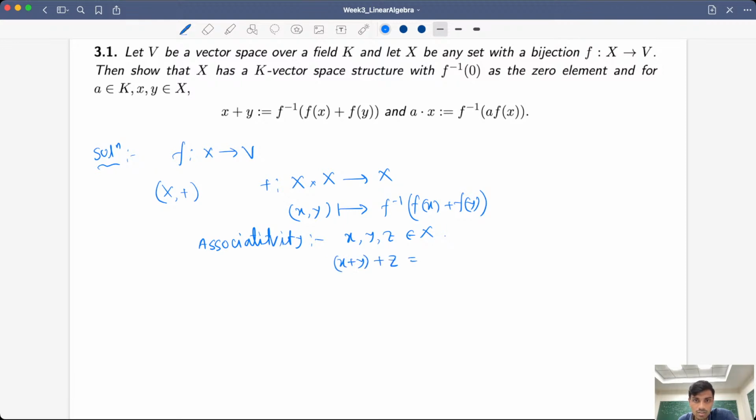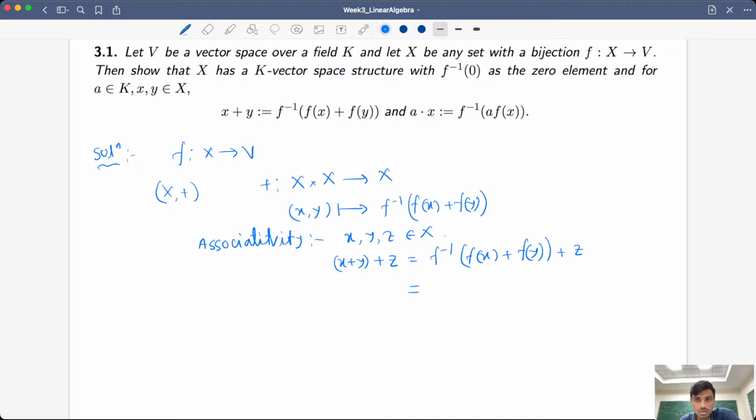By definition, this is f inverse of f of x plus y, so f inverse of fx plus fy, and then plus with z.